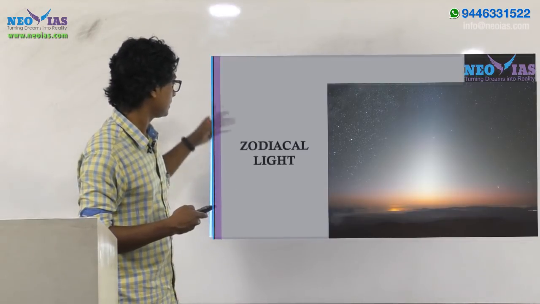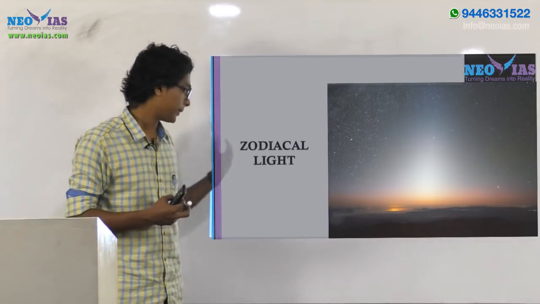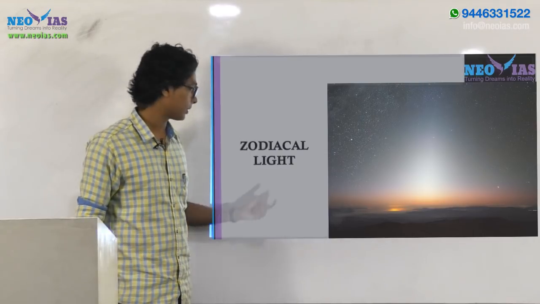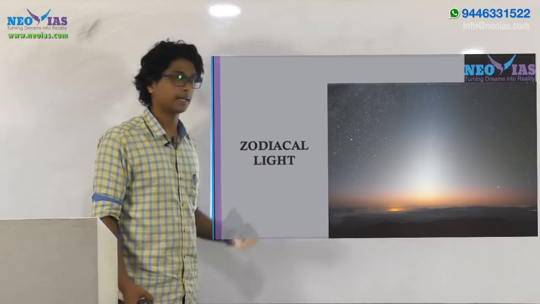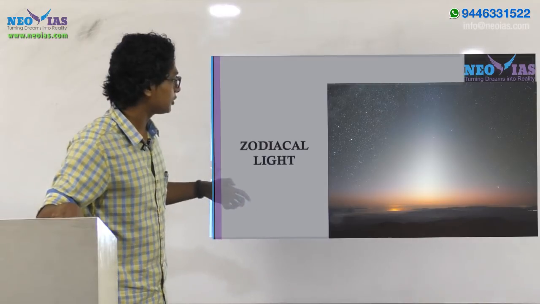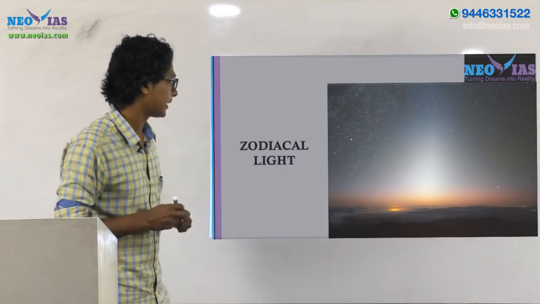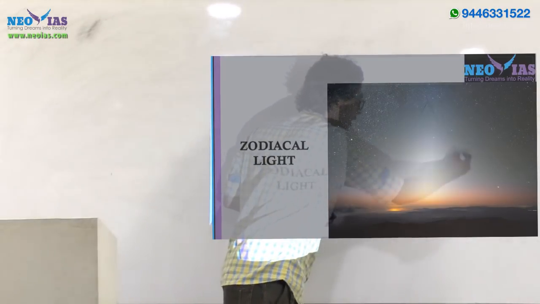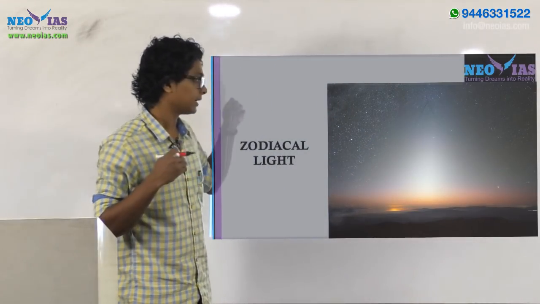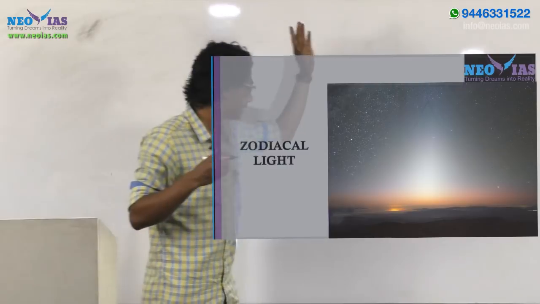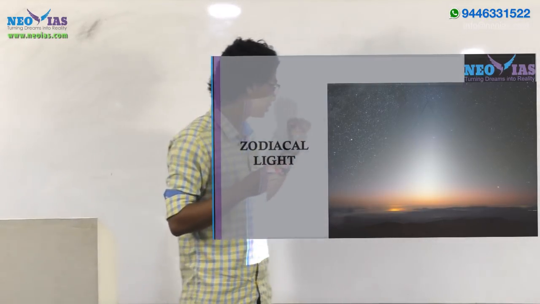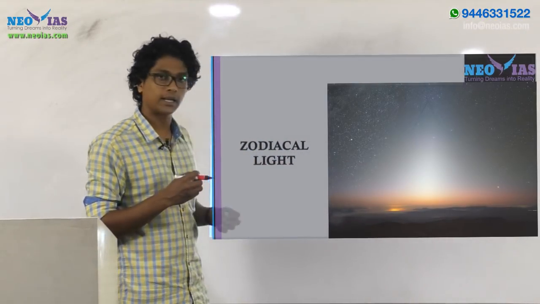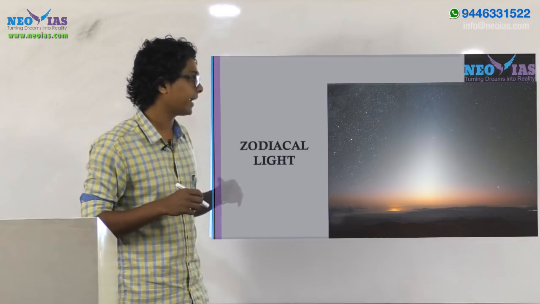Now let's look at the next atmospheric optical phenomenon, which we call zodiacal light. This is one picture representing the zodiacal light. Here you can see a triangular shape, where the sky is lit in a triangular shape. Why is this created?